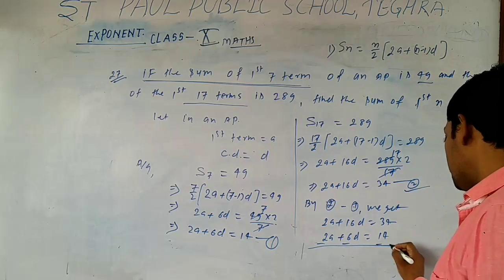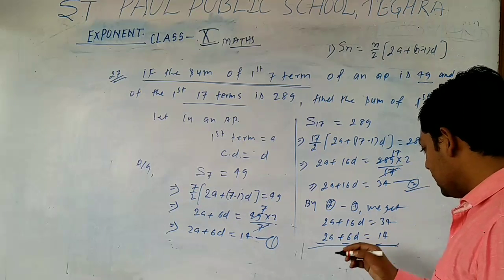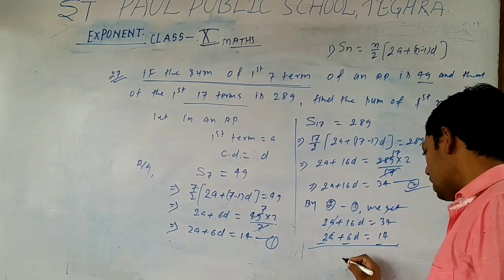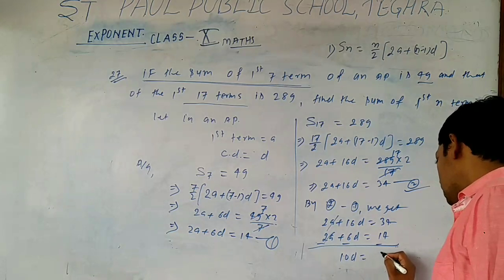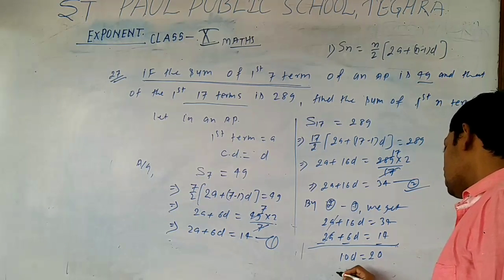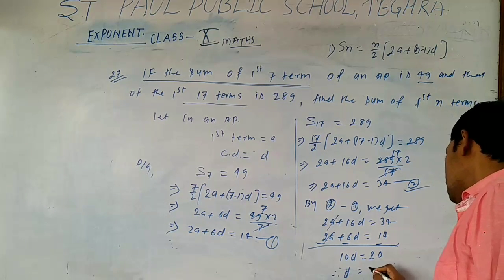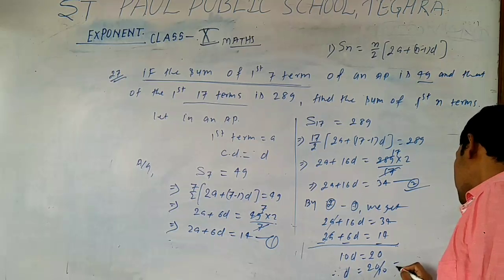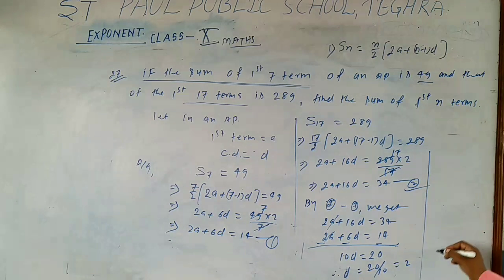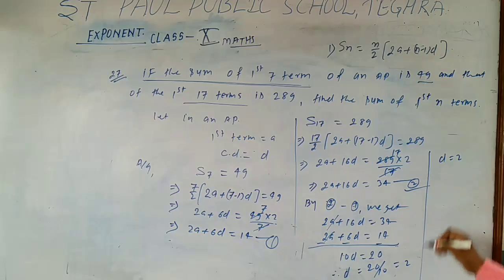By subtracting we have to change the sign, so these terms cancel out each other. This becomes 10d equal to 20. Thus d equal to 20 divided by 10 gives us 2. Now d equal to 2.